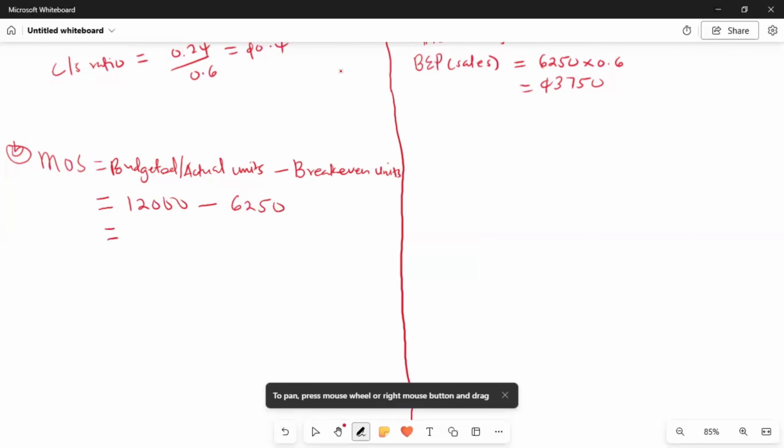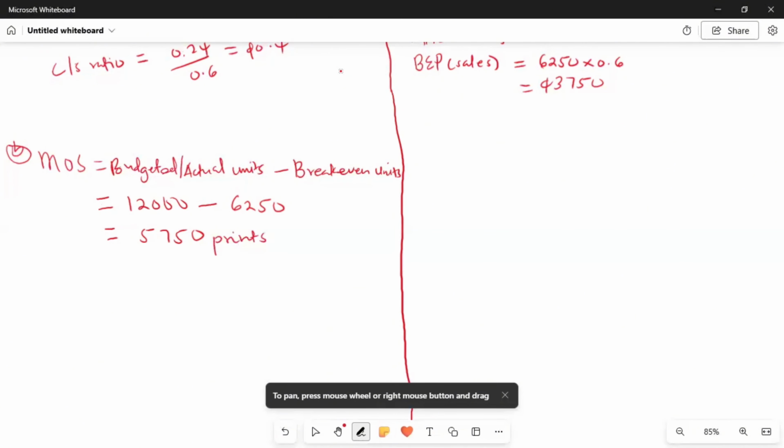We do this to get 5,750 prints. Very, very easy for CVP. That's where you just need to get your formula, then you just pick the figures and put them inside. That's it.